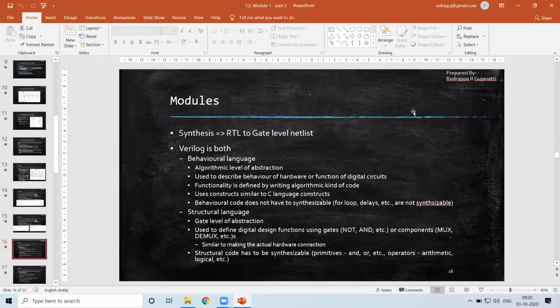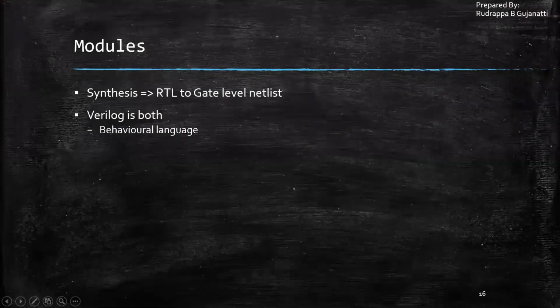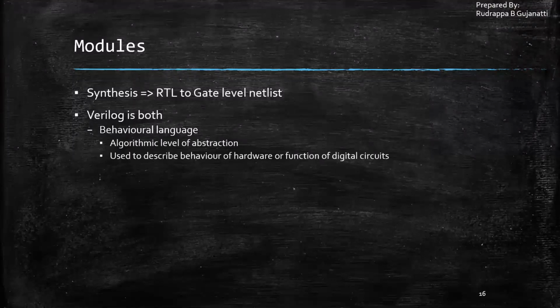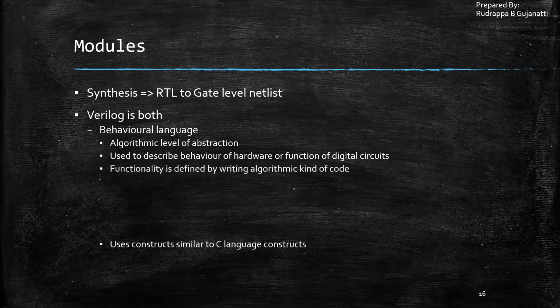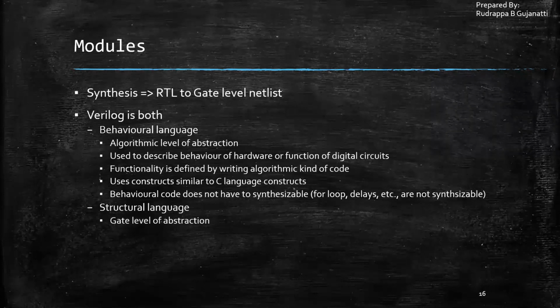And then, apart from that, one important concept we discussed was that Verilog is both a behavioral language and a structural language. It permits us to write code somewhat similar to algorithmic form. That's why we classify it as a behavioral language, or we can also specify it as an algorithmic language. What is meant by structural is that we'll be able to obtain the gate level of abstraction.